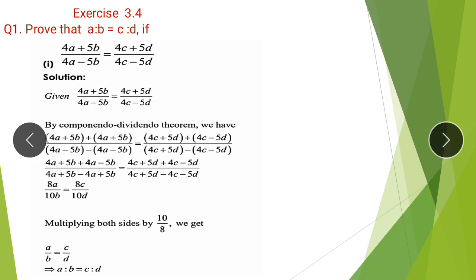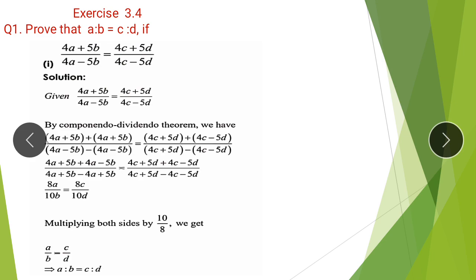If you come across such types of fractional equations where you see that the numerator and denominator are the same, and the only difference is the plus and minus sign, you can see here, this type of fractional equation can be simplified by applying the theorem of componendo and dividendo.